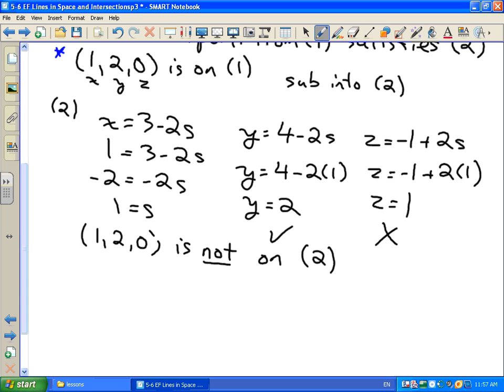What does that mean for our two lines? Are they parallel and distinct, or are they coincident? They are distinct lines. So we should just say, therefore, line 1 and line 2 are parallel and distinct.